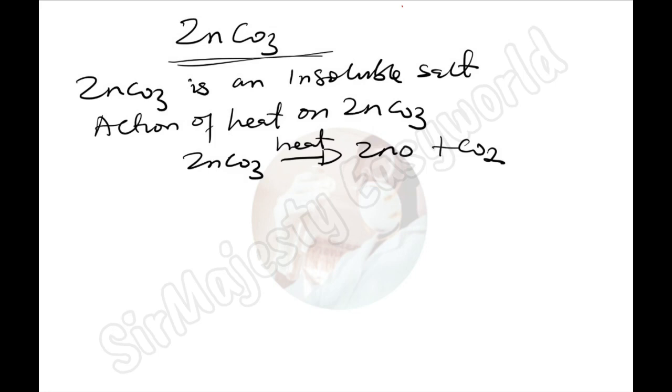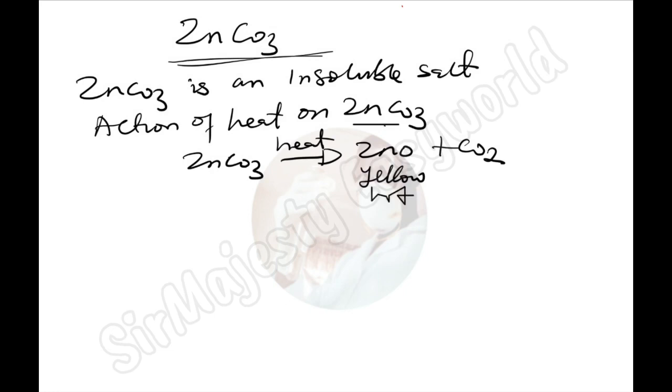So in your report, in observation, you say a yellow residue formed, or sample C turned from white to yellow. So action of heat on zinc carbonate changes it from white to yellow, because zinc oxide is yellow when hot, but when cold is white.